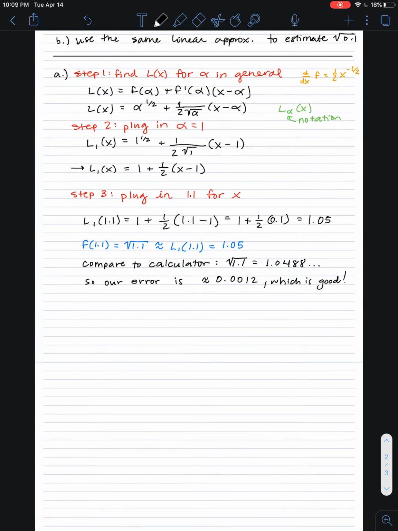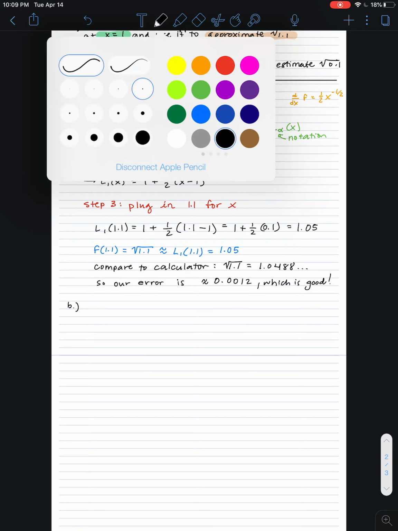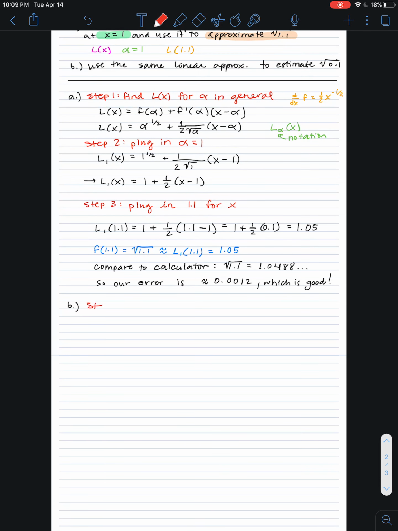Anyway, okay, so for part B, we already have our general function, right? So our step 1 from above is done. We had L of x is equal to alpha to the 1/2 plus 1 over 2 times the square root of alpha times x minus alpha.